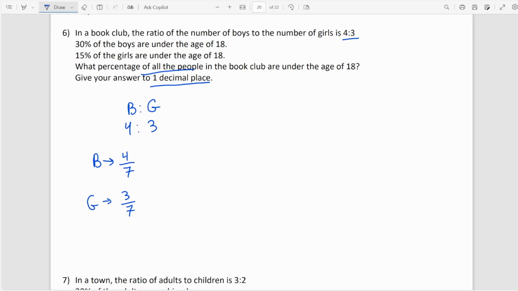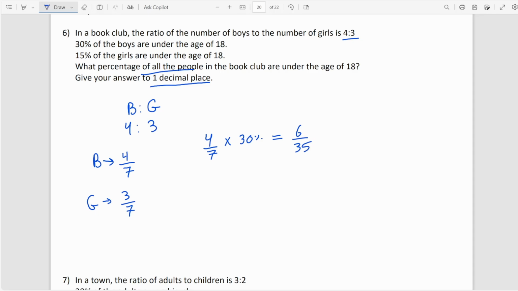Now, we know that 30% of this 4 over 7 is under the age of 18. So how many boys are under the age of 18? I will multiply 4 over 7 multiplied by 30%. And you can go ahead and plug this on the calculator, and we get 6 over 35. Okay? All right.